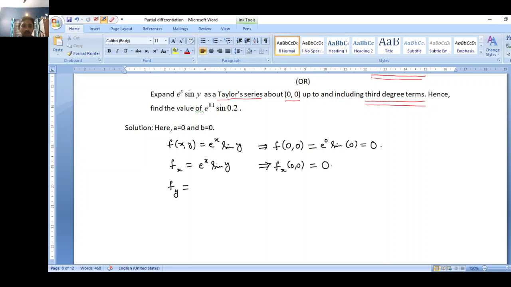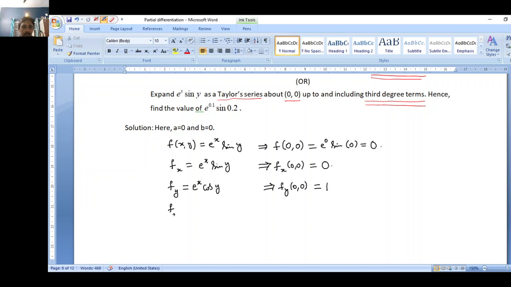Now we'll have to differentiate this with respect to y partially. So in this case, e power x will remain the same, and differentiation of sin y will give you cos y. Accordingly, fy of 0, 0 is no longer 0 because e power 0 is 1 and cos 0 is 1, so this will become 1.